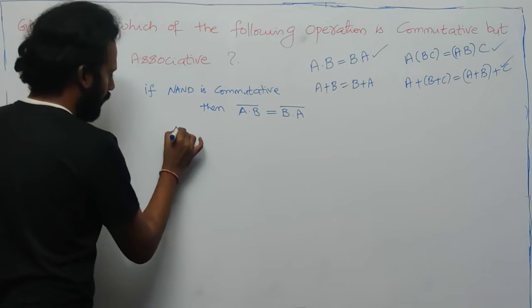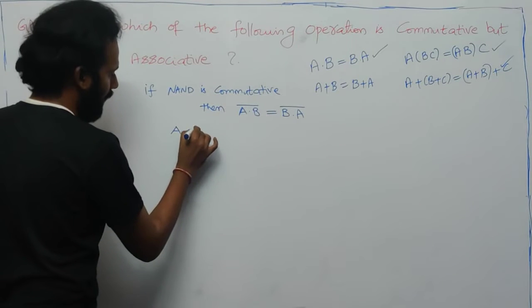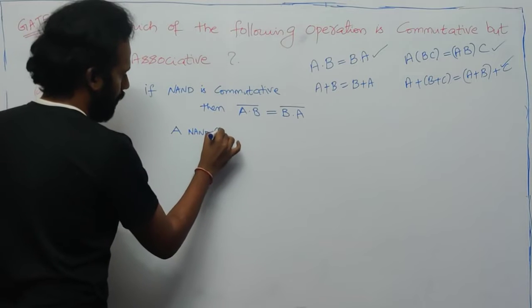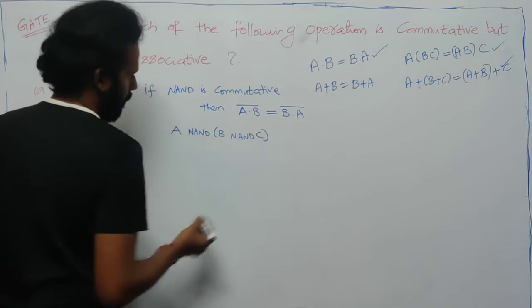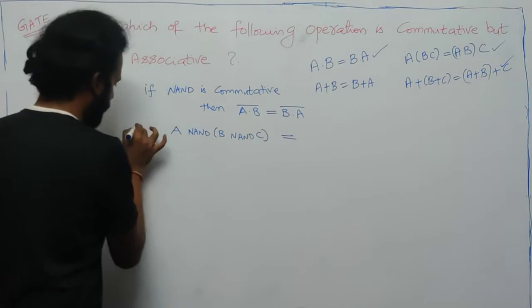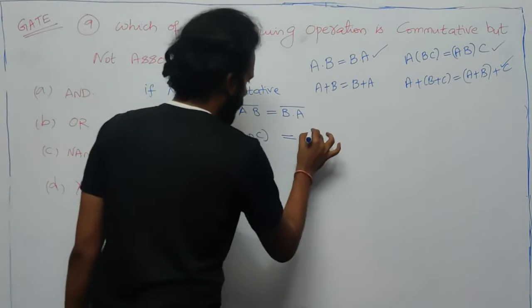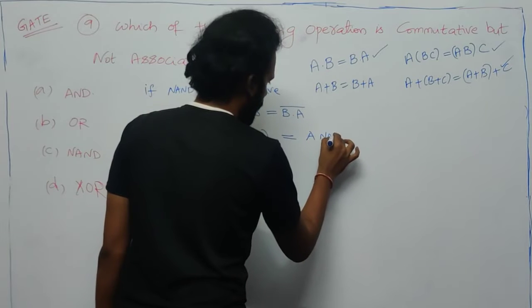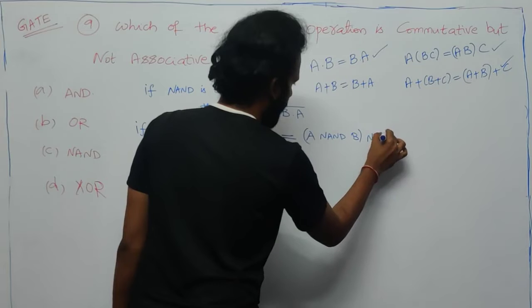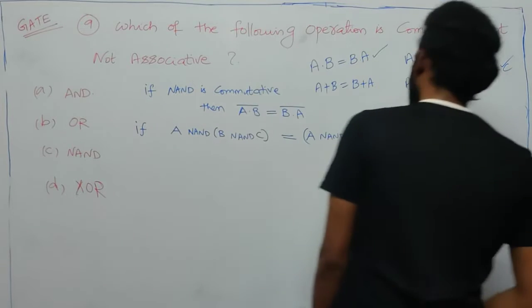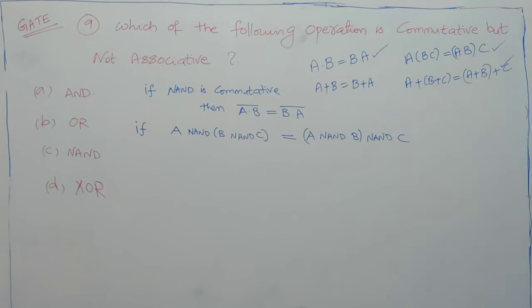Second thing is, now NAND. A NAND (B NAND C), if this is equal to (A NAND B) NAND C, yes or no?